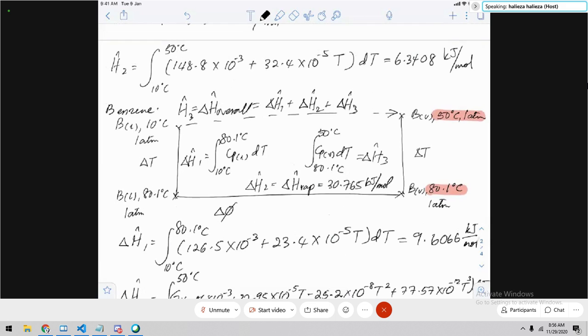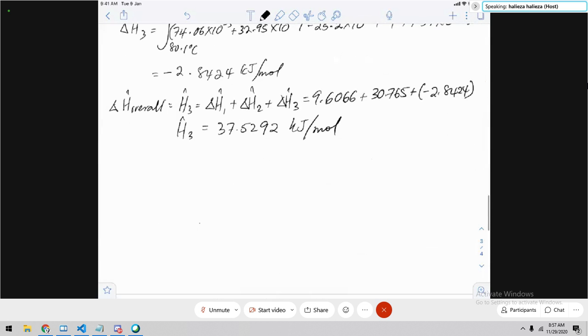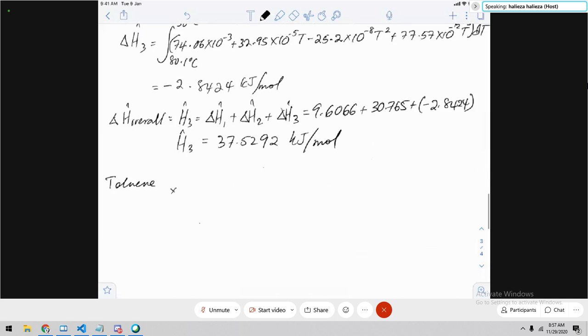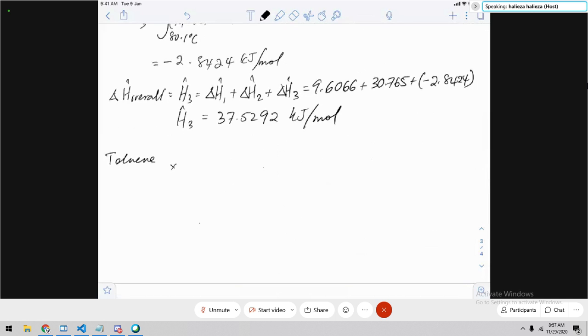Now for toluene, we do the same thing, except that now we'll be looking at a different value of latent heat and a different boiling point. Our toluene is going to be liquid at the starting temperature, at 10 degrees C, 1 atm.